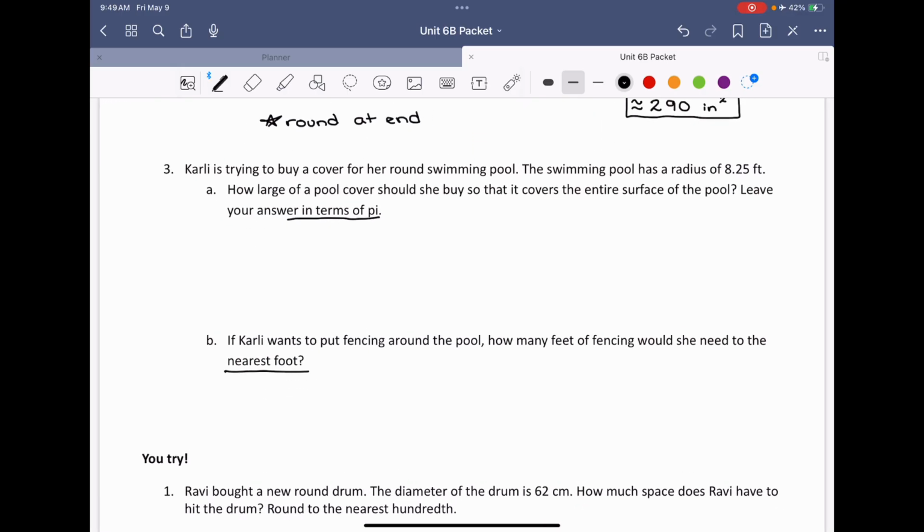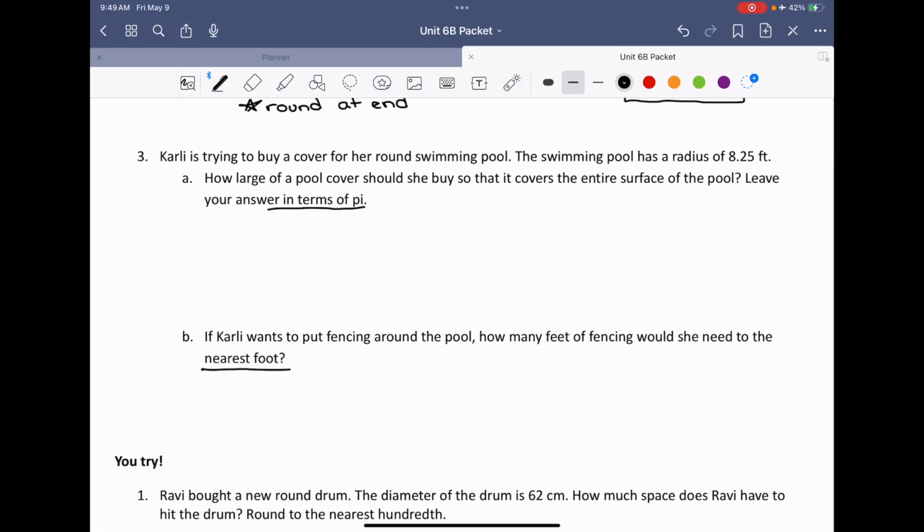All right, if she is buying a cover, she wants to know how much of the pool cover is covering the entire surface of the pool. So we're going to be finding the area. So remember, area equals pi r squared, and it tells us that the radius equals 8.25, which means that the diameter is 16.5.